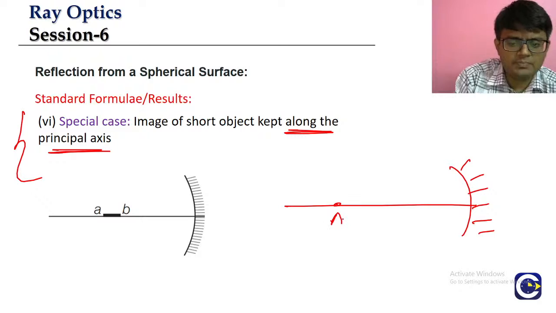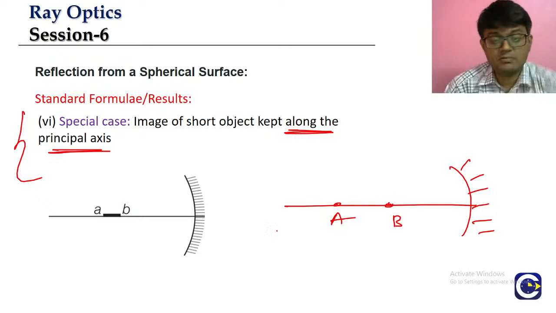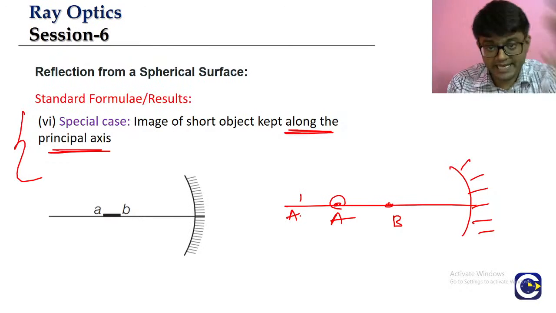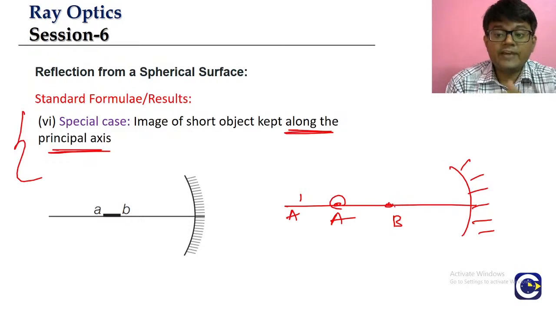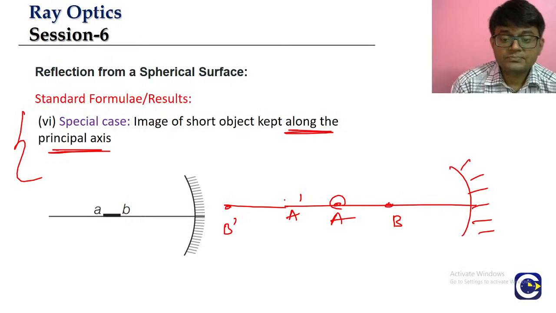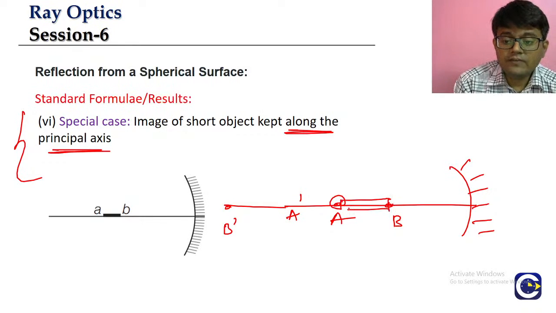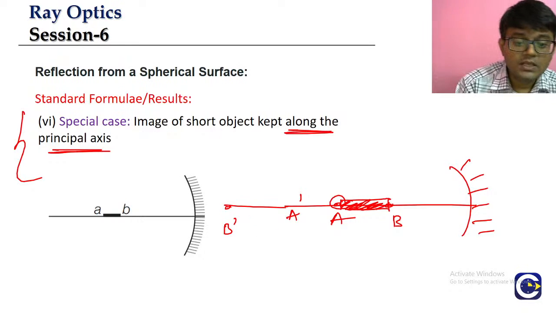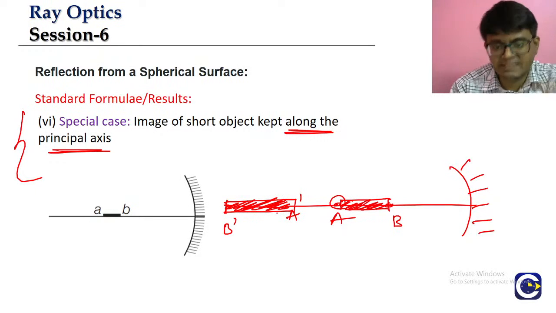We are keeping an object AB along the principal axis. Remember what we said? We have to find where is the image location for A. Let us call it A dash. We have to find where is the image location for B. Let us call it B dash. Now, if AB is like a rod, that is our object, the images of all the points of that object will be spread between A dash and B dash.